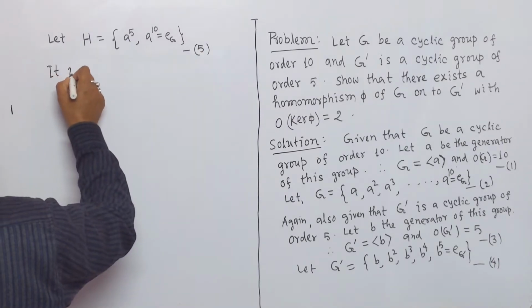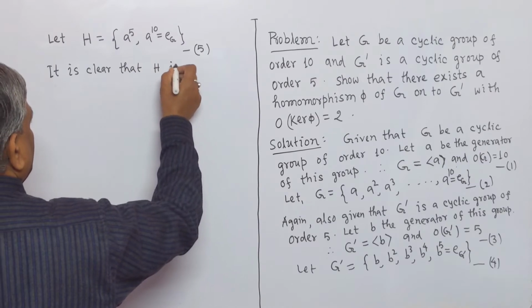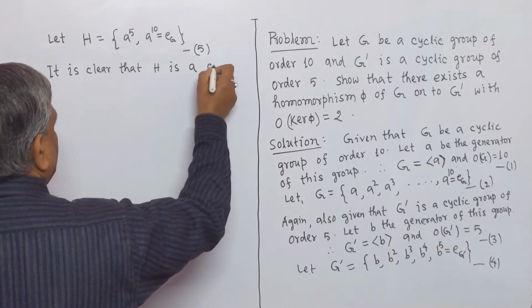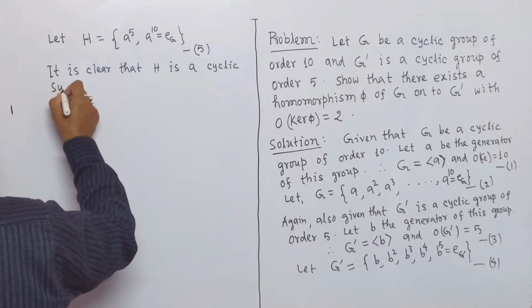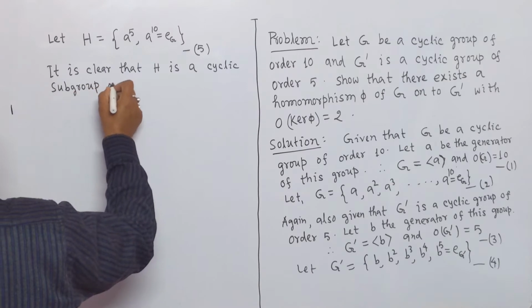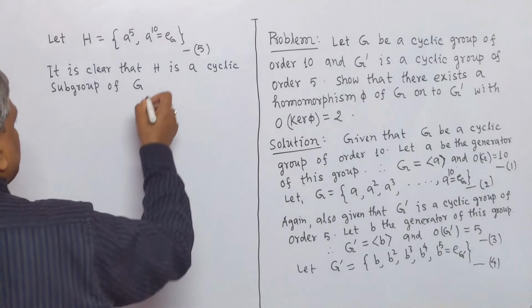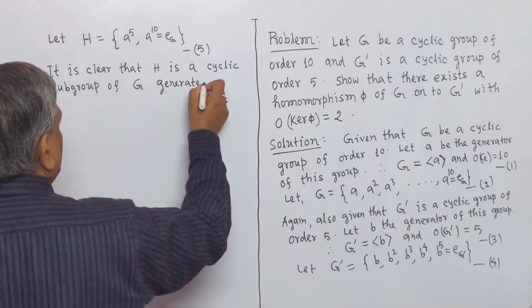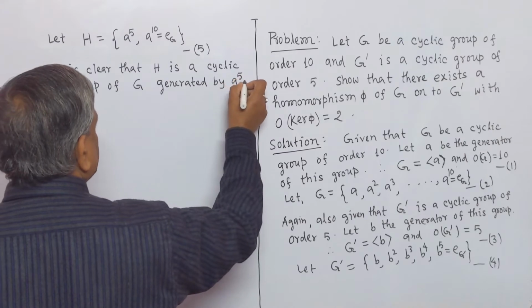It is clear that H is a cyclic subgroup of group G generated by A to the power 5.